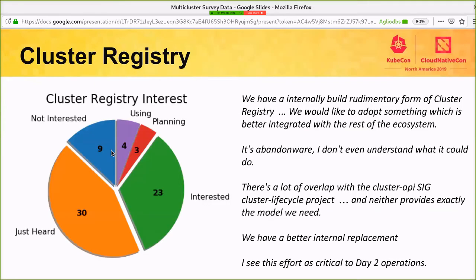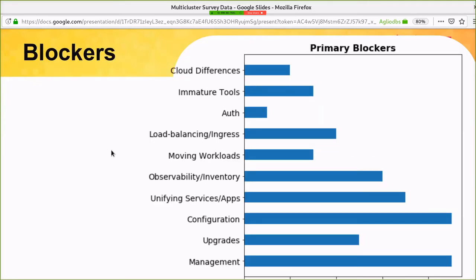So now we asked this question of what are your primary blockers to operating in a multi-cluster environment, and this was a free text thing. So I went through the text and tried to pick out thematic reasons that people were supplying in their own free text.